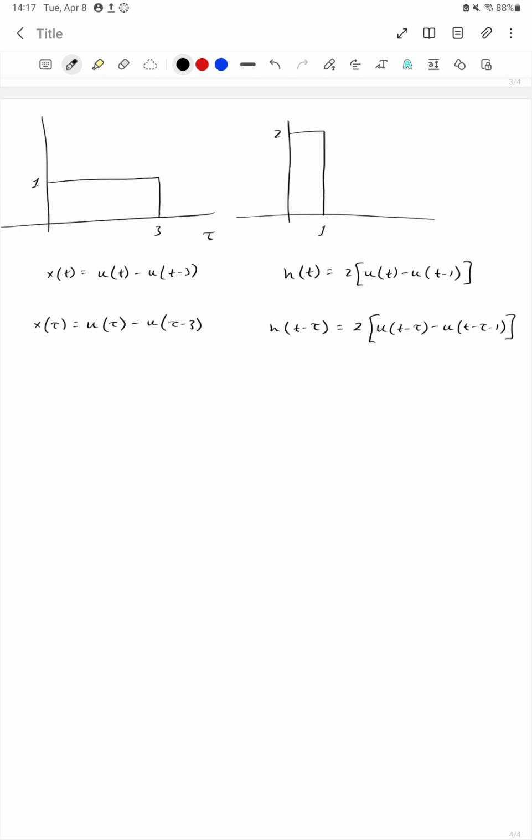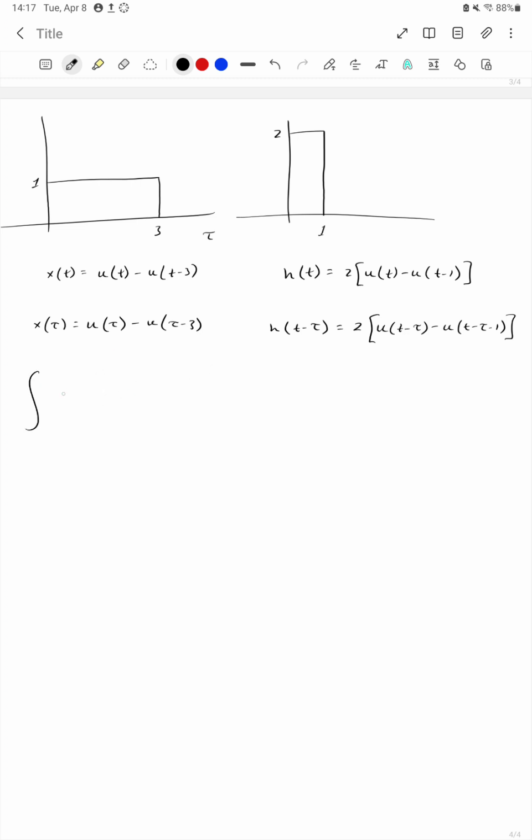And now the idea is just to multiply them together and do the integration. You guys have that formula, the integral of h of t convolved with x of t, or however he makes it look. So this is what we're doing here. You first start with this, and so you're going to go an integral.